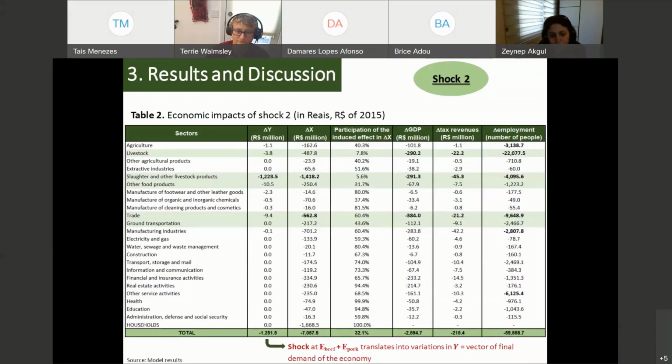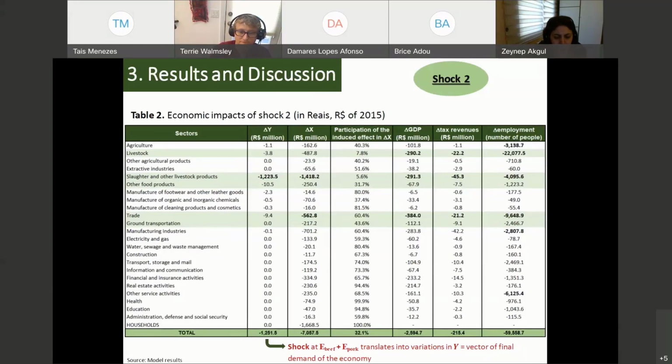Shock 2 was formed by a total negative shock of 1.25 billion applied to the vector of final demand for products of the Brazilian economy. What changes in relation to shock 1 are the values at the level for each sector, due to a negative shock 13% smaller than the previous one.